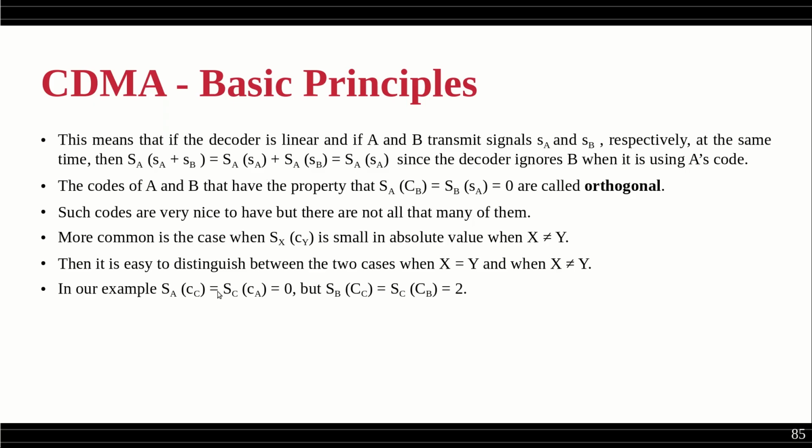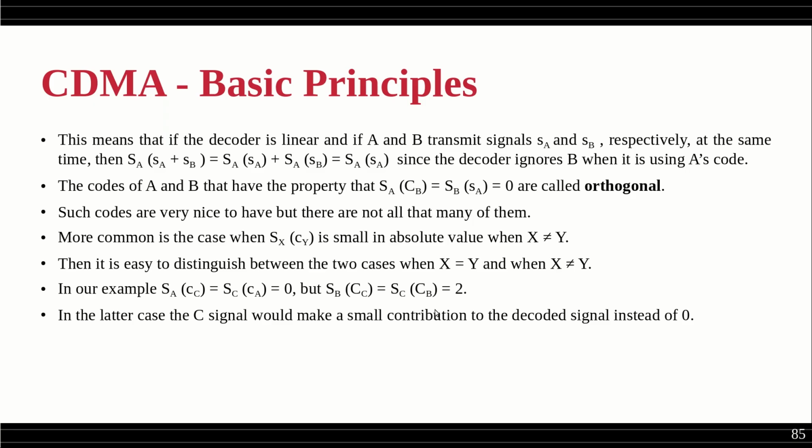Now if you cross check again, you can see that the orthogonality between A and C is also maintained. If you take the information sent by C, 1 or 0, and decode it using A's chipping code, and similarly decode A's data using C's chipping code, you get 0. But between B and C the orthogonality fails. Instead of 0 we get a small value, like 2, and that is also fine.